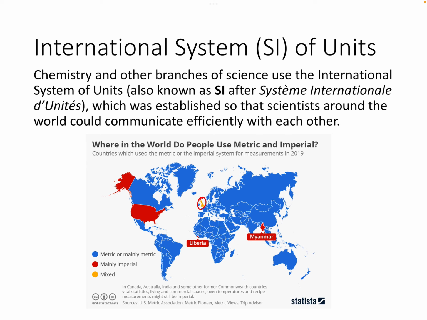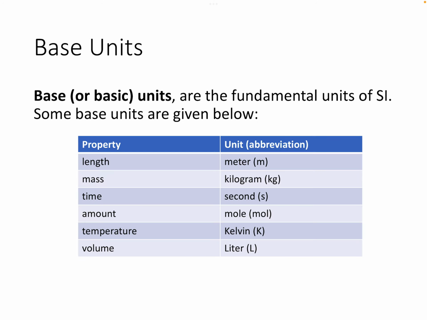All right, so let's look at the base units for this international system. If we're measuring the length of something, we're going to use the meter as our base unit. And that's given the abbreviation lowercase m.